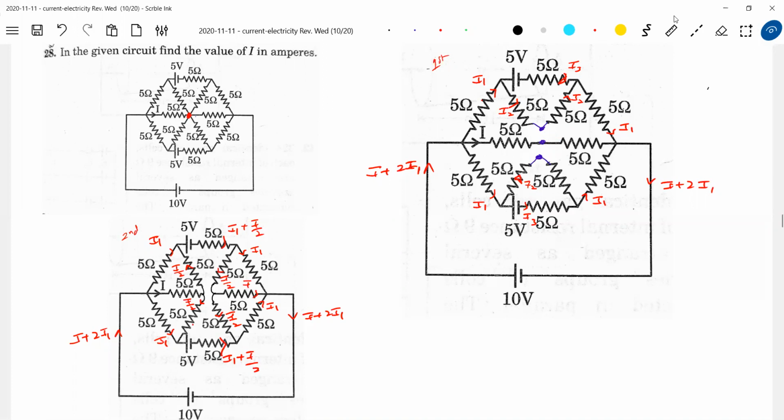After this, I'll draw a symmetric line. Symmetry with respect to current distribution. The symmetric line passes through a junction. So therefore the junction is only a physical junction, not an electrical junction.